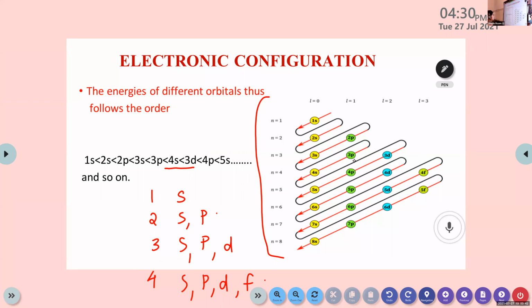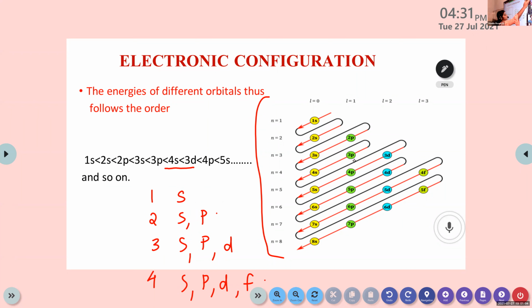We usually use the electronic configuration till 4p. So it is very important to learn this increasing order of energies at least till 5s. Okay, clear?